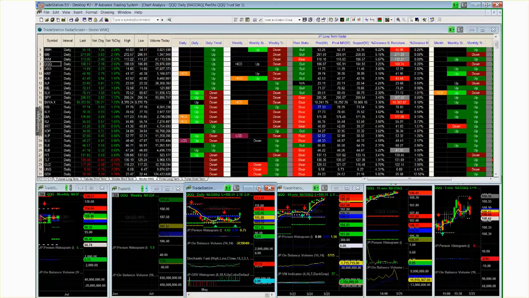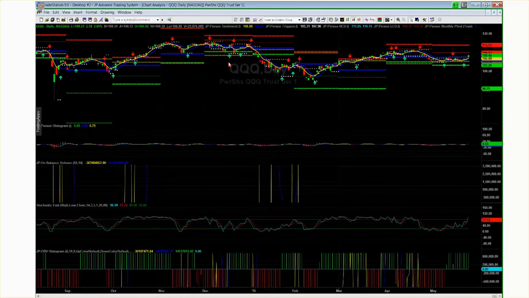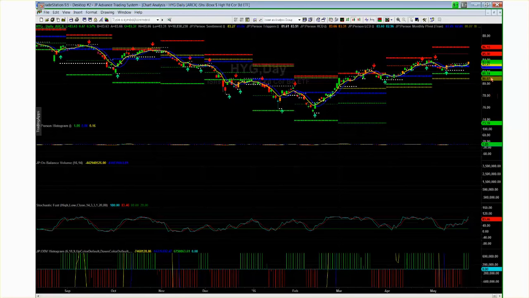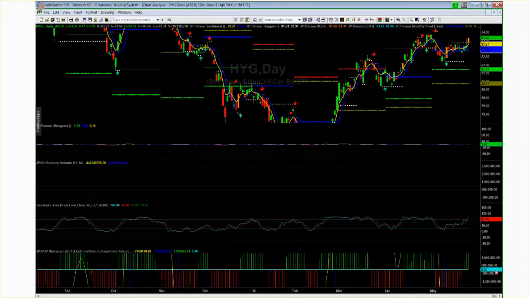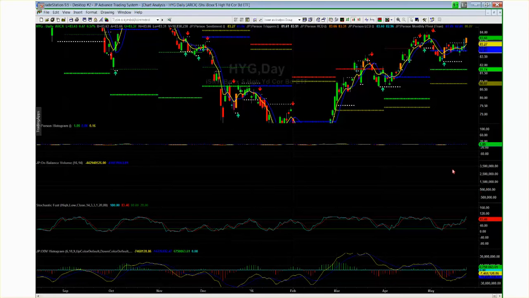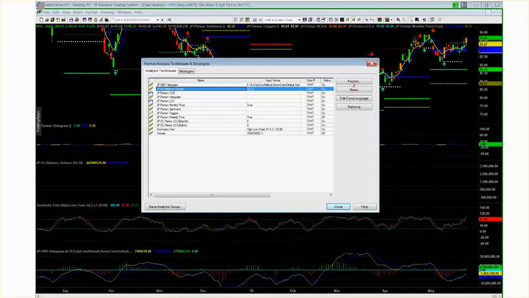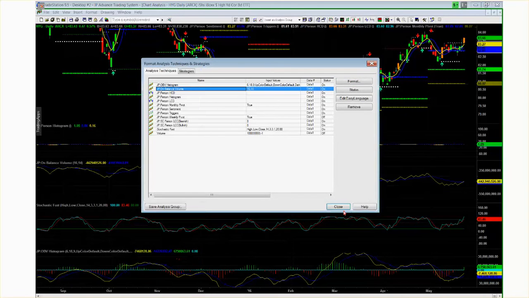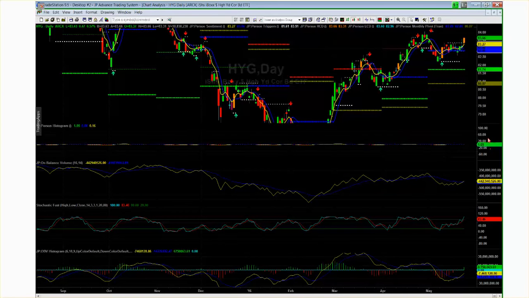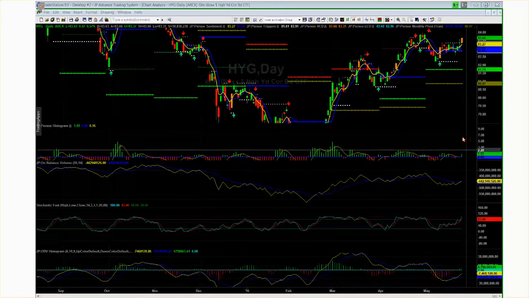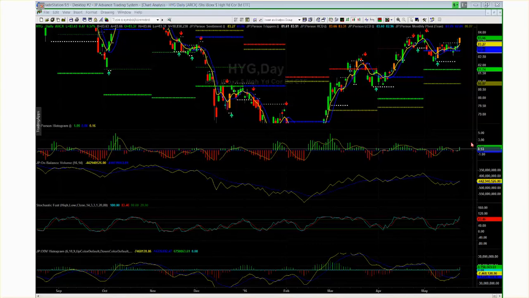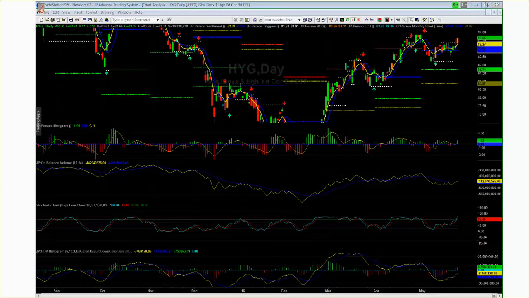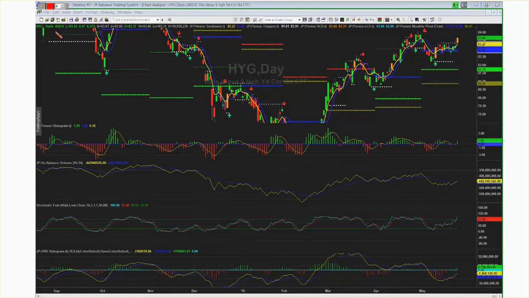So if we take a look at HYG, let me scale this into range for you, and I'll tell you what you're looking at, okay? First off, we're looking at a momentum indicator, which is actually kind of fascinating here.